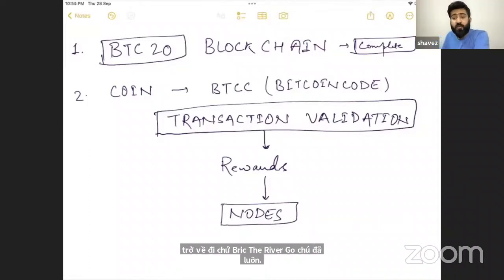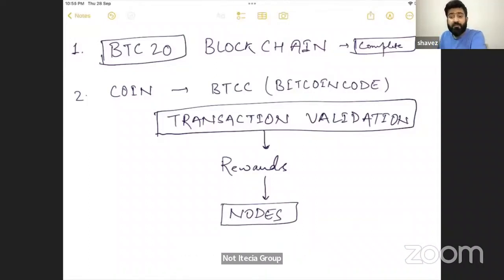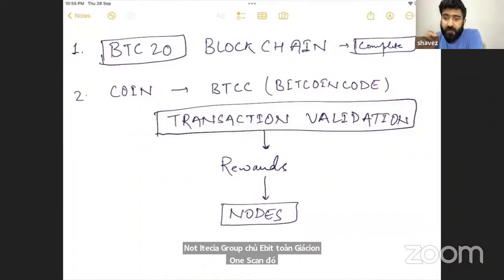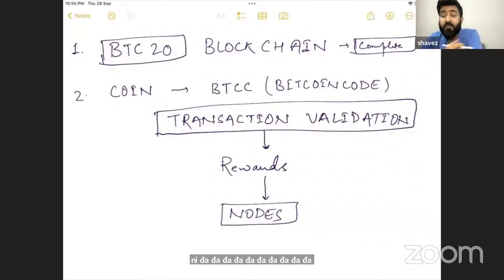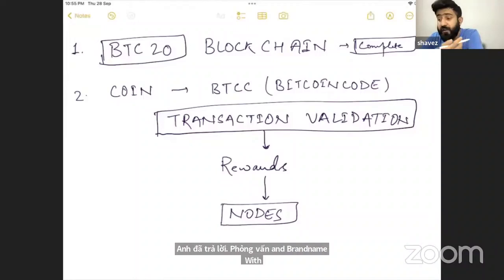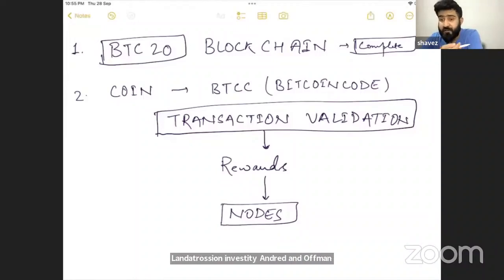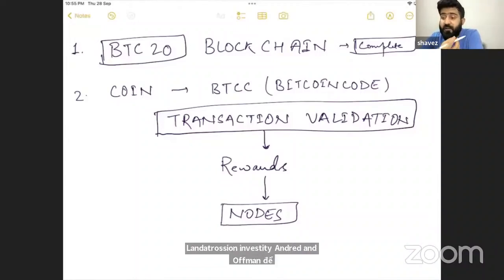Now, if you go to every transaction on scan.bitcoincode.technology, you will see a miner that has validated that transaction. And I'm trying to explain the process of mining in very layman terms. So every validation, there is an outcome, there is a reward that goes to the nodes.